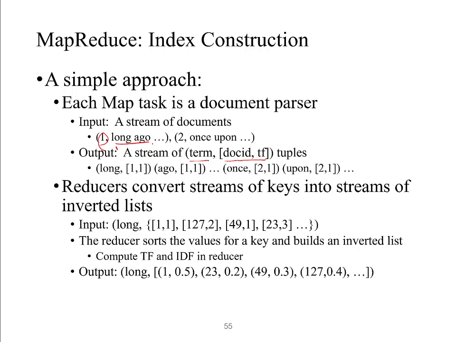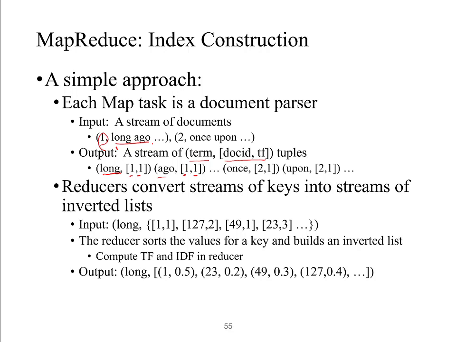So a tuple of these 2 elements. These key value pairs as a tuple. For example, for long, it's in document 1 with term frequency 1, right? A girl in document 1 with term frequency 1 as well, and so on and so forth.